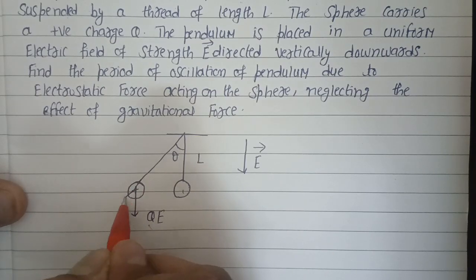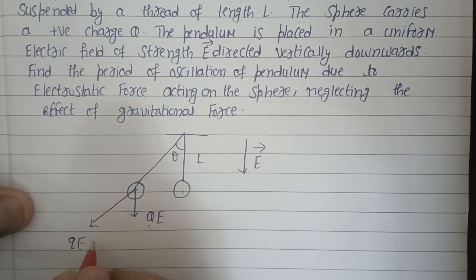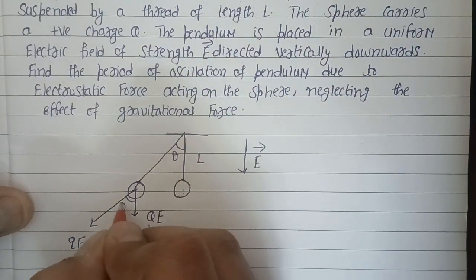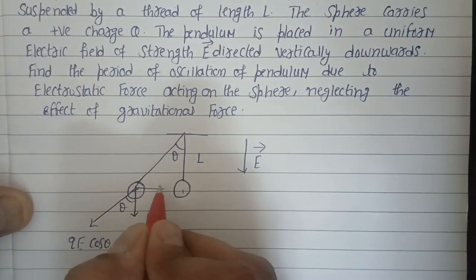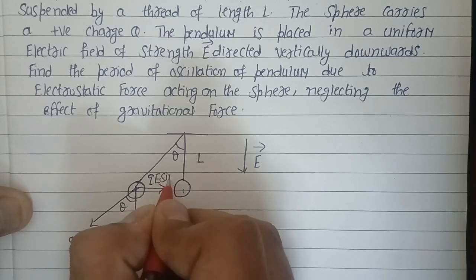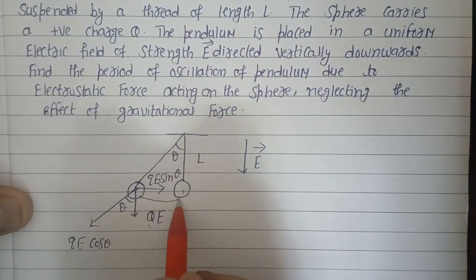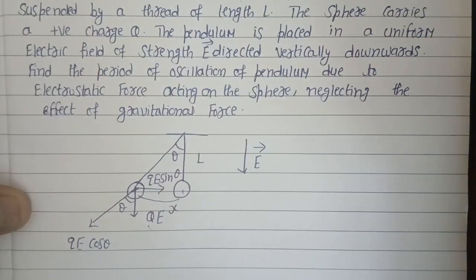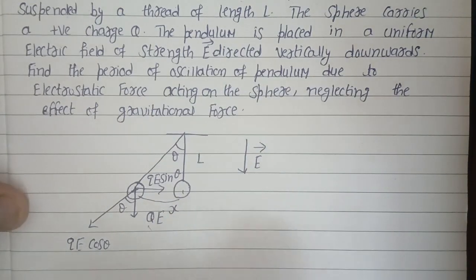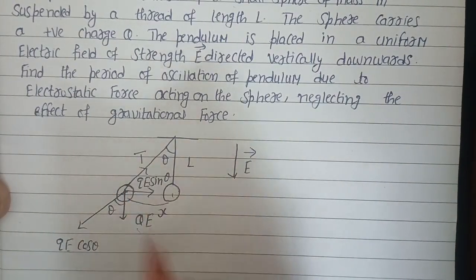One is this, that is QE cos theta. If this angle is theta, this is also theta, and this is QE sin theta. Take this displacement as x.